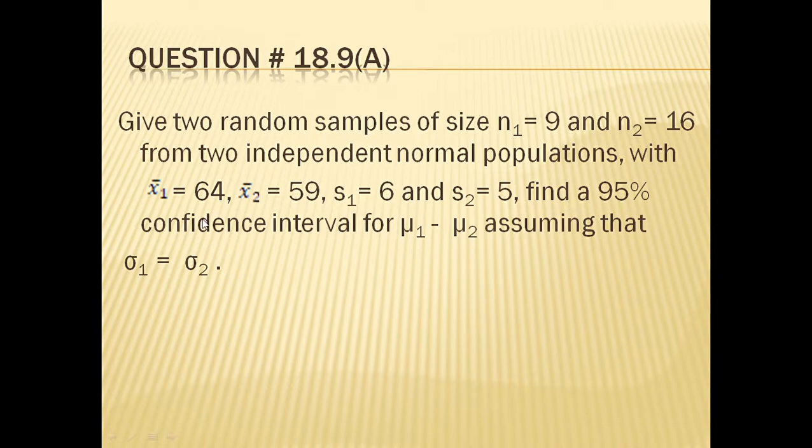Find a 95% confidence interval for mu1 minus mu2, assuming that sigma 1 is equal to sigma 2. Here we assume sigma 1 equals sigma 2, but their values are not given. So the conditions are: sigma 1 and sigma 2 unknown, populations normal, and n1 and n2 less than 30.